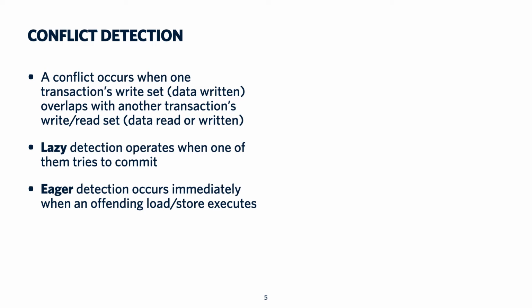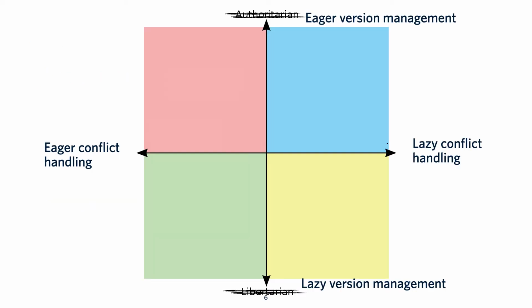Lazy detection operates when a transaction tries to commit, rather than eager detection, where it tries to detect immediately when the load and store instructions execute. Using these two things, we can make a political compass of sorts, with eager and lazy version management and conflict handling.